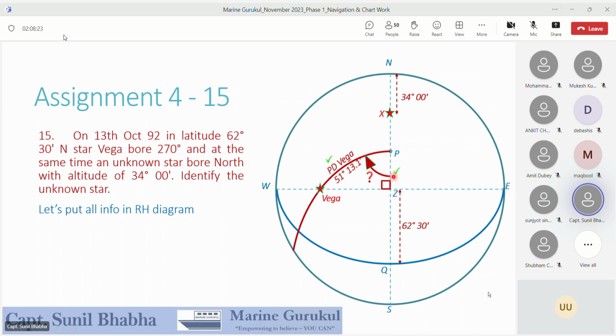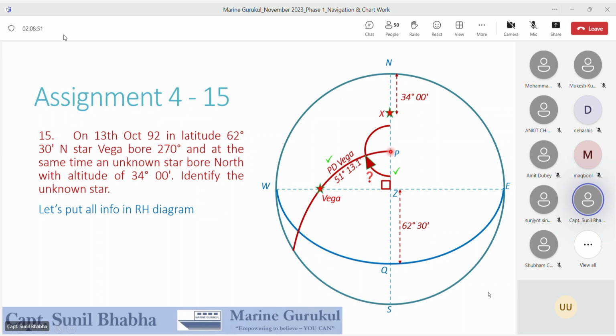Now this angle P is basically the LHA of star Vega. Now the LHA of star X, if you look carefully, the star X is on my inferior meridian. It is on the other side of the pole. P to N is the inferior meridian of the observer.